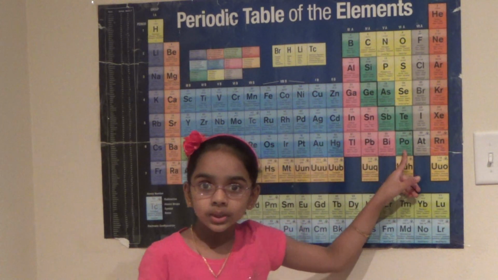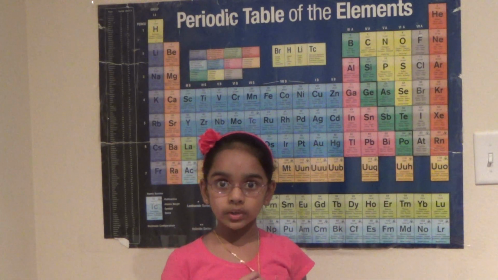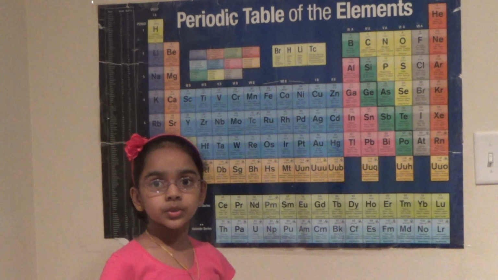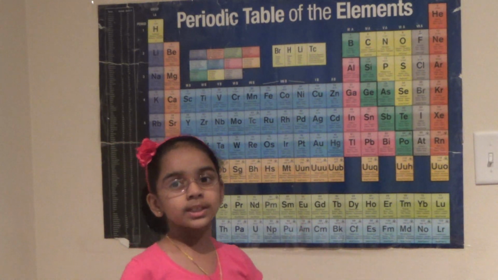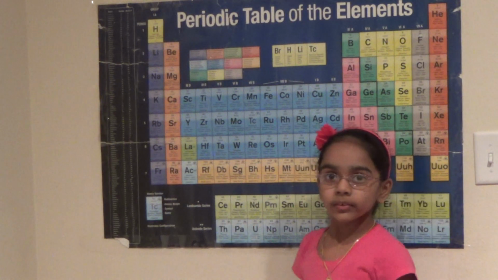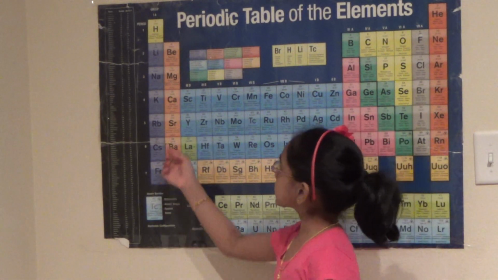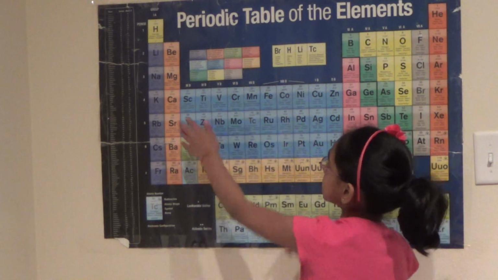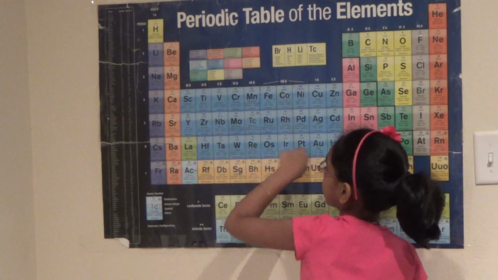One thing about polonium is that it can be used as a nuclear weapon, just like uranium, which I will talk about once we get to that. Okay, so we just talked about these groups.